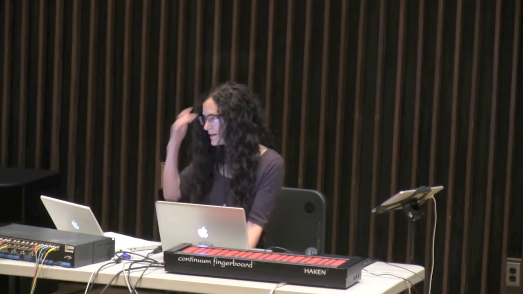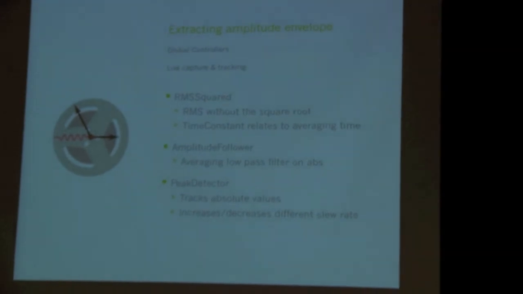And these are some Kyma modules that you can use for extracting the amplitude envelope. Most of them, to get rid of negative values, will either square it, because that'll get rid of them, or maybe take the absolute value. This is a drum.